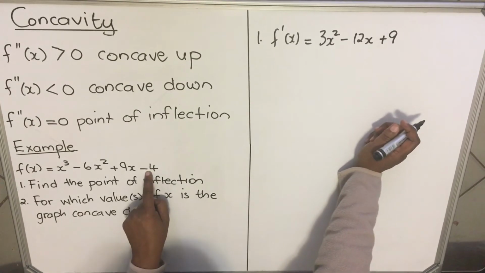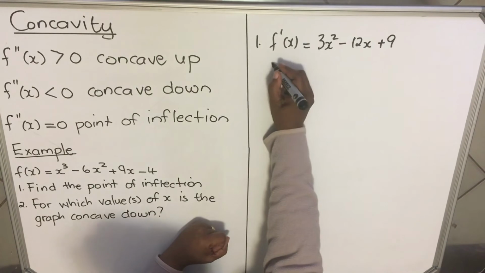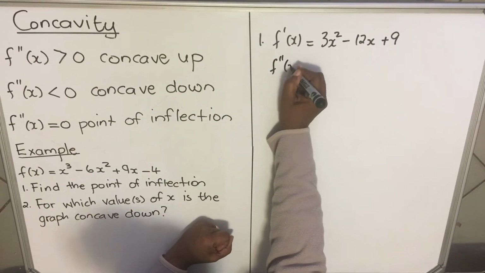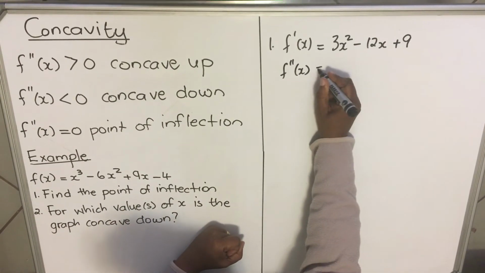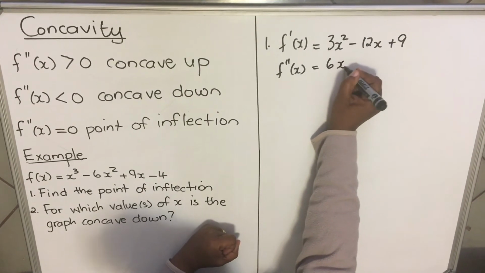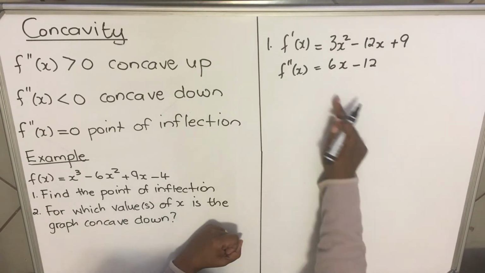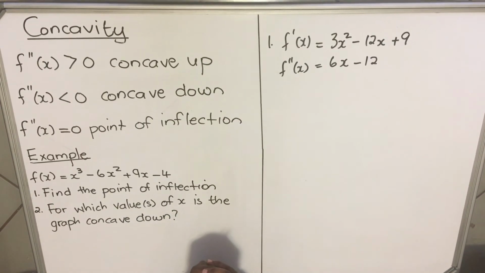The derivative of the constant is 0. This is the first derivative. Then for the second derivative, you differentiate the derivative: 3 times 2, 6x minus 12. This is my second derivative.